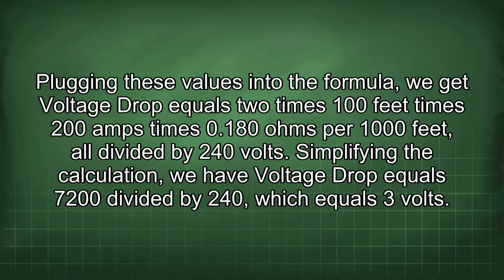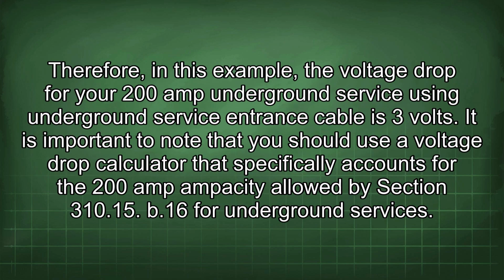Simplifying the calculation, we have voltage drop equals 7200 divided by 240, which equals 3 volts. Therefore, in this example, the voltage drop for your 200 amp underground service using underground service entrance cable is 3 volts.